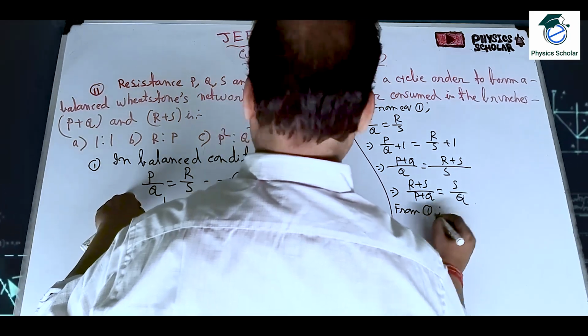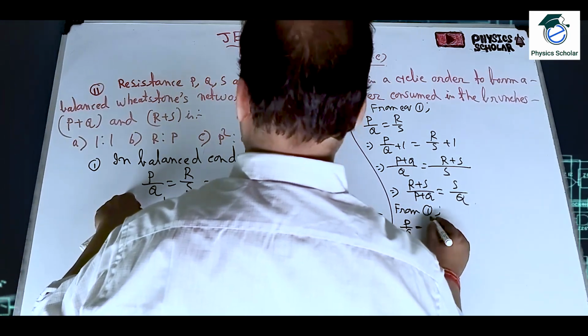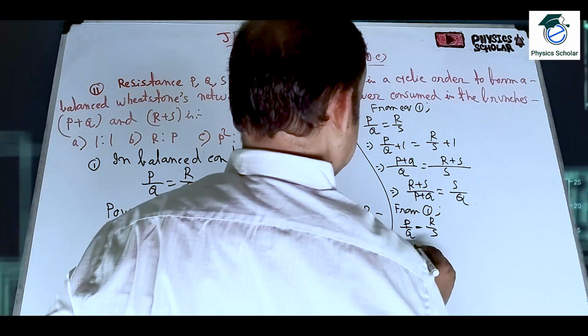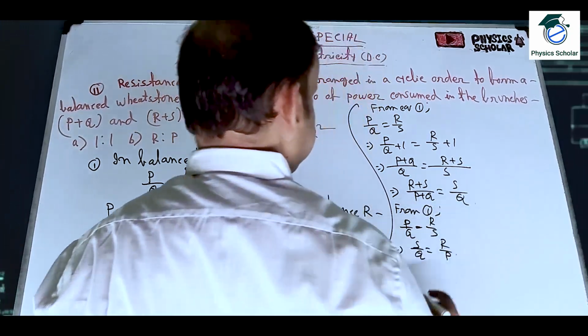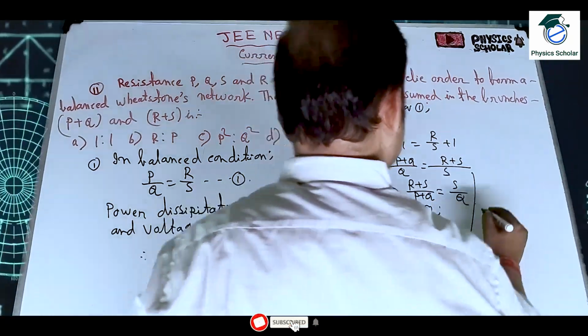So from 1, what we know? P by Q is equal to R by S. So S by Q is equal to R by P. Clear? So what we can write now?